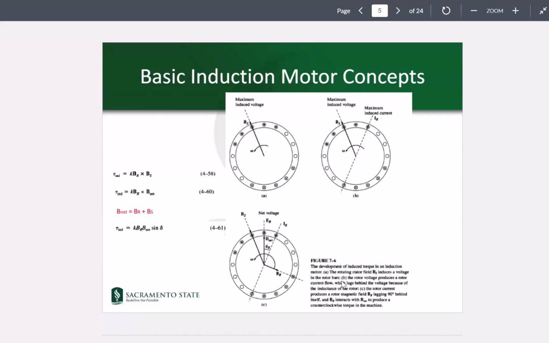In part B, the rotor voltage produces rotor current flow. That IR is showing the flow of current, or the phasor of the current, that exists in the rotor. Now, using the right-hand rule, if you put your thumb in the direction of IR, the other four fingers will show the direction of BR, which would be something like this in part C.